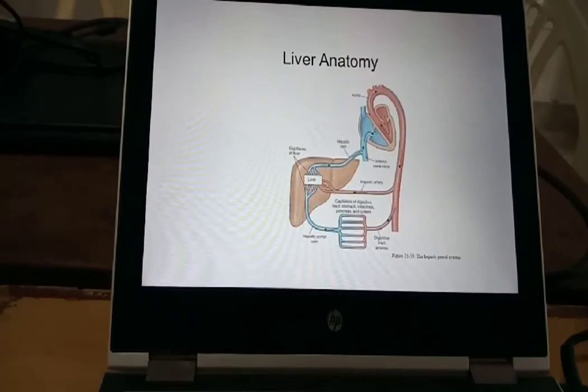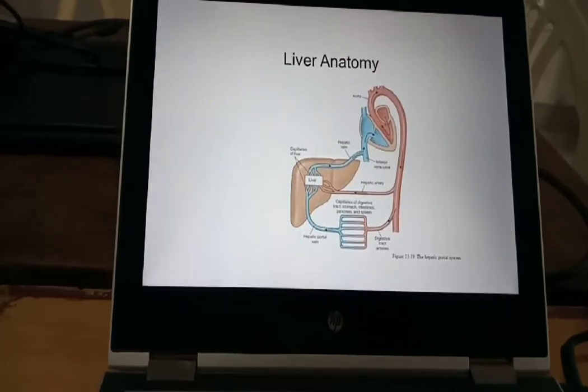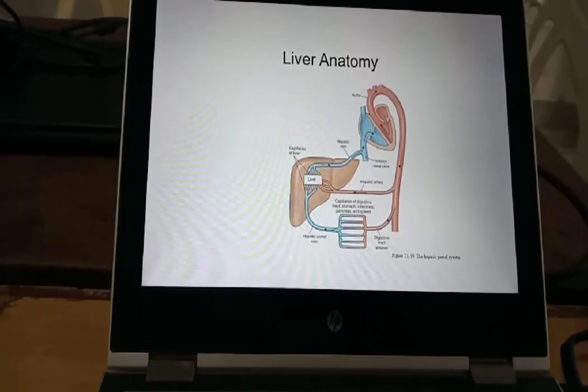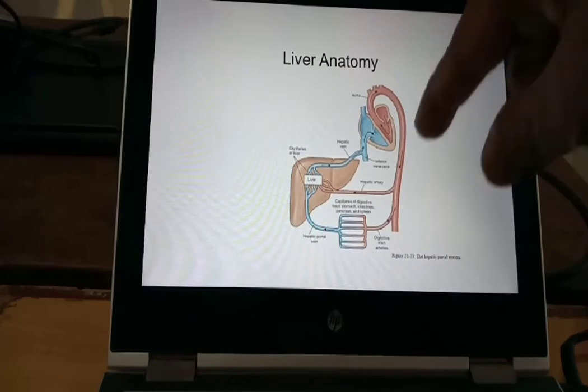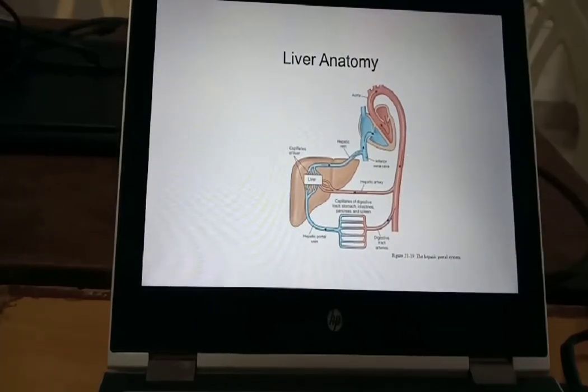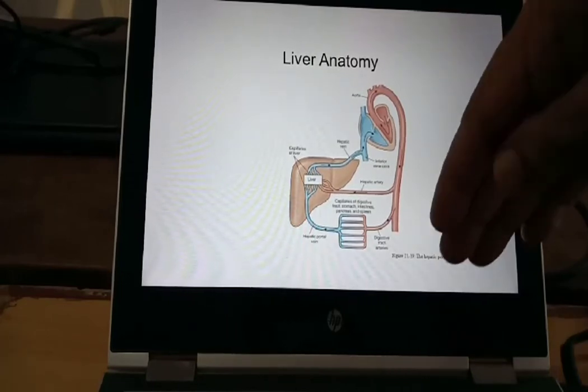Again, similarly, this is what I described. There is the hepatic artery, then the vessels that supply the digestive tract, that is the celiac artery, which supplies the foregut, the superior mesenteric artery, which supplies the midgut, the inferior mesenteric artery, which supplies the hindgut.